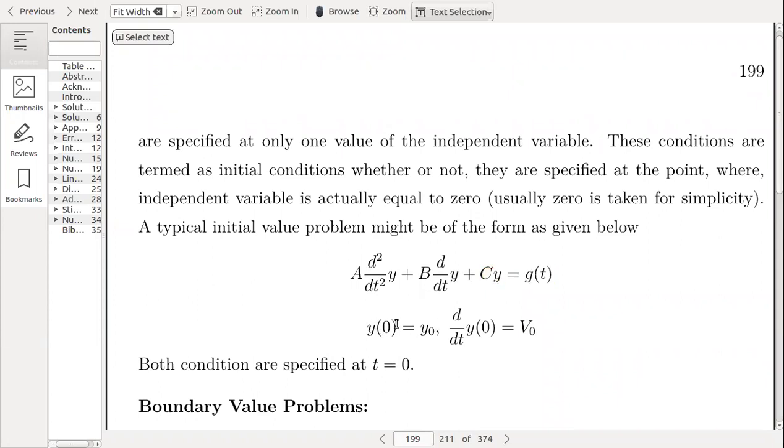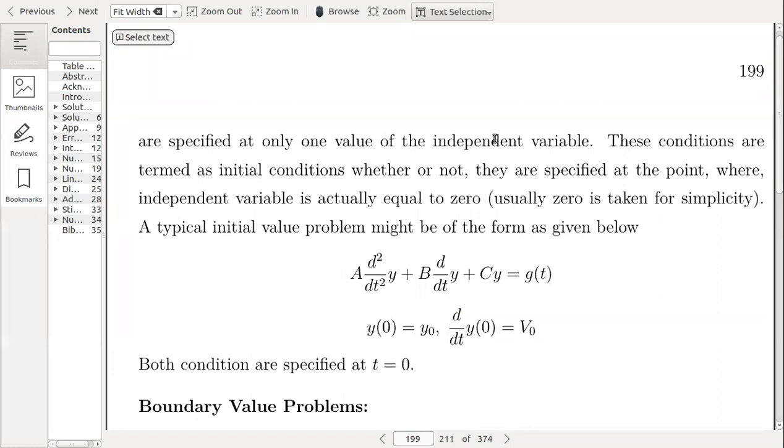So what are the initial conditions? You can observe that the condition is given at t equal to 0. If t is equal to 0, the value of the dependent variable will be y naught. And again for t equal to 0, the value of the first derivative of the dependent variable is given by v naught.